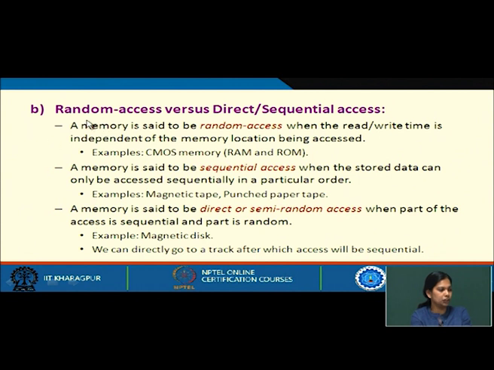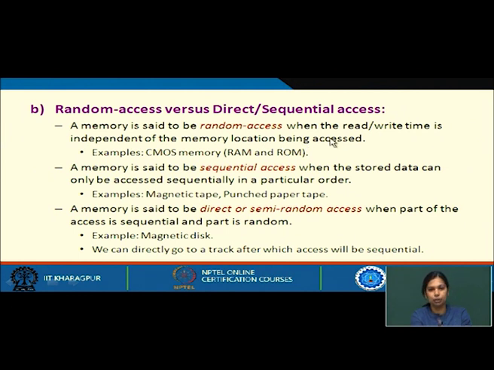Again, we can differentiate a memory with respect to random access versus direct or sequential access. What do we mean by random access? By random access, we mean that the read and write time is independent of the memory location being accessed.